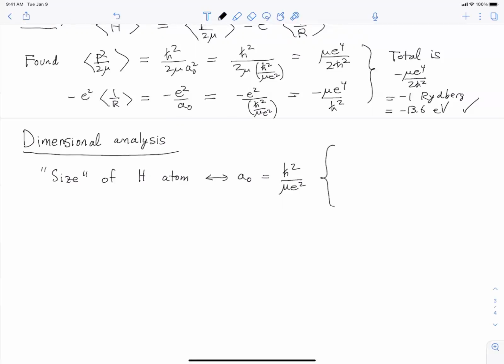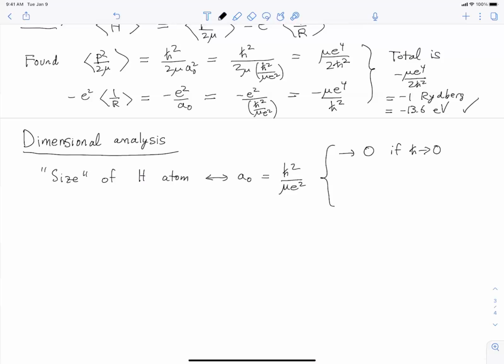One is it goes to 0 if h bar goes to 0. So h bar going to 0 is the classical limit. And this is saying that in the classical limit, the hydrogen atom should just collapse down to a point. That's actually what we mentioned on the first day of class: this catastrophe in classical physics that charged matter would just collapse.